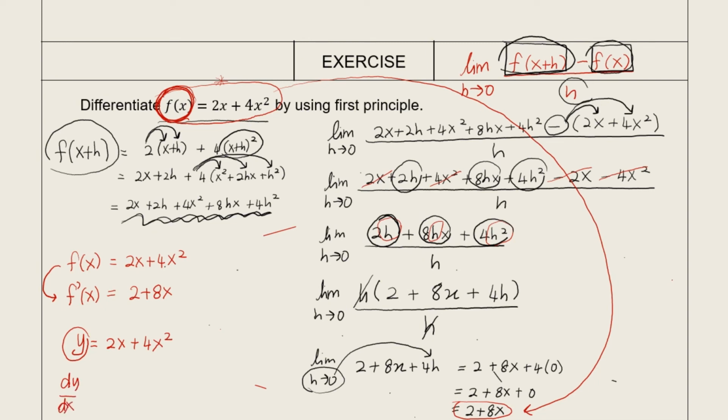It means the differentiation of a function y with respect to x. And what is the value of the differentiation? It will be 2 plus 8x, the one that we found by using the first principle. So this one is the notation that we use for our function and its derivative.